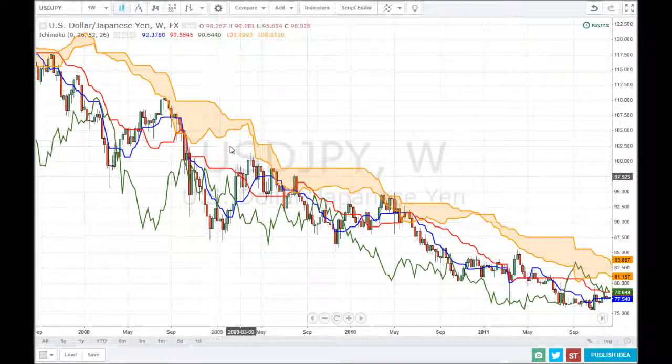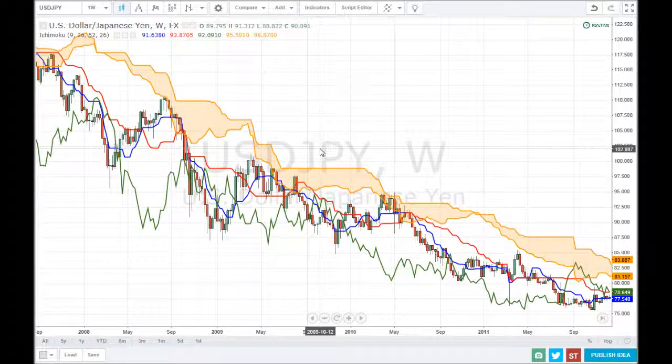As mentioned, this is the US dollar Japanese yen, and it's a weekly chart. If you couldn't guess from the name, this indicator originates from Japan, and from my experience this indicator actually is more reliable when used as part of technical analysis on currency pairs with the Japanese yen in and other Japanese financial assets.